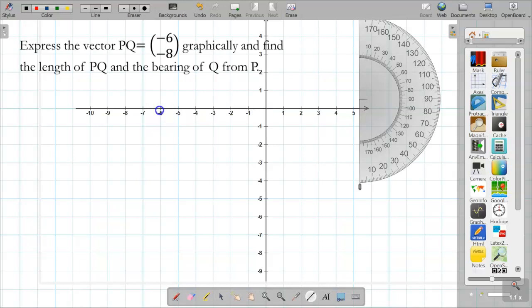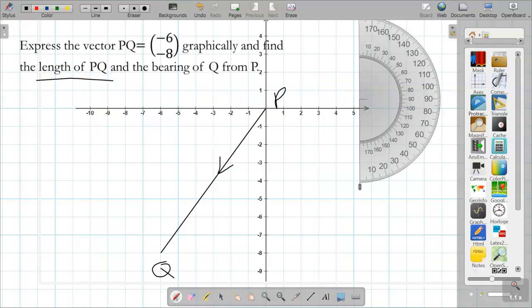Okay, -6 is somewhere here, and -8 as well. So that is our vector (-6, -8). So that is P and then Q. Vector PQ goes like this. So that's our vector.